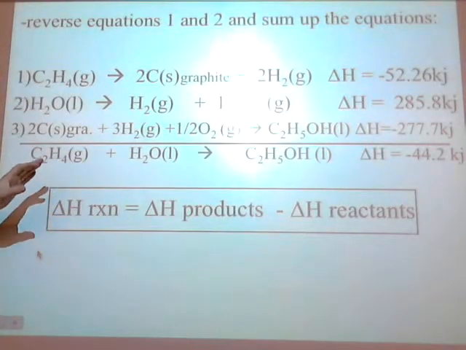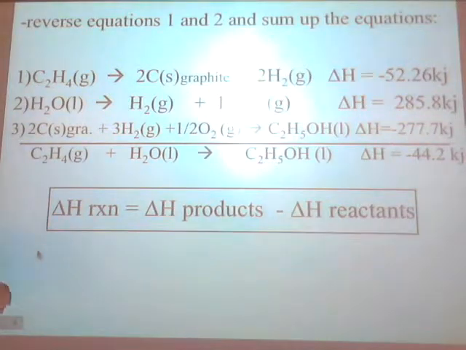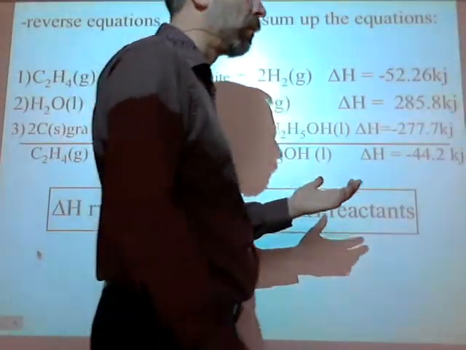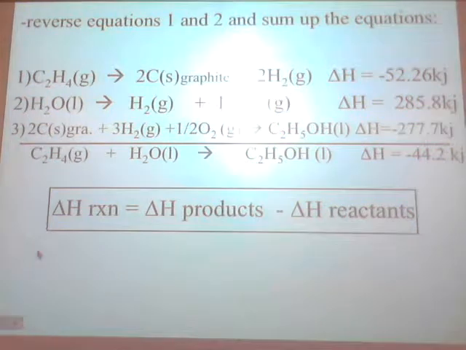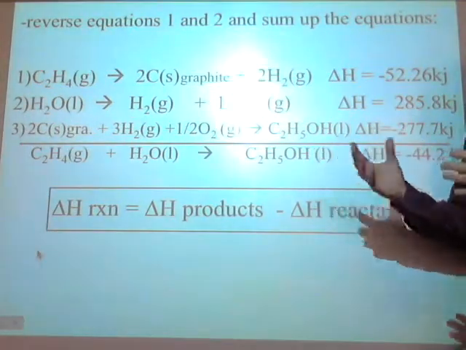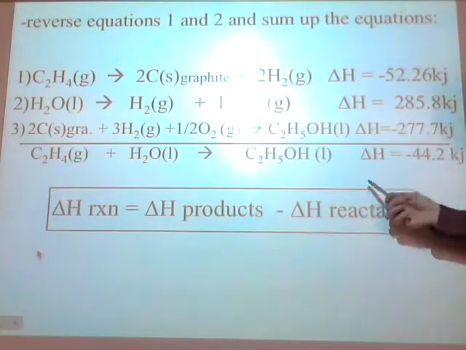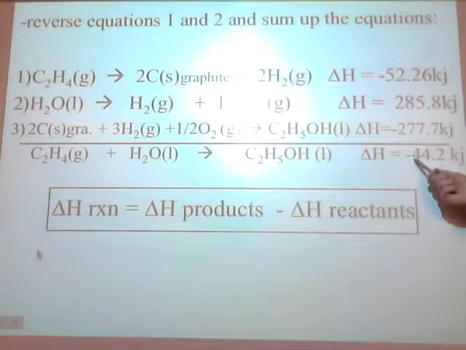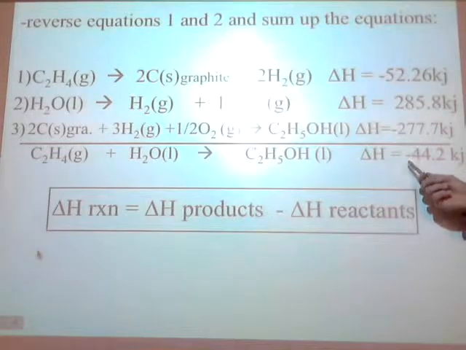Now, the point of doing all of this, going back to my goal, I mentioned probably on the first day of this chapter, is to come up with whether a reaction will occur or not. Turns out, if I get a negative value, that's a hint. It's one of 3 pieces of information I need that tells me whether this reaction occurs. Negative means it's what? Endo or exothermic? Exo. Okay? Exothermic means it goes from high to low energy, right?